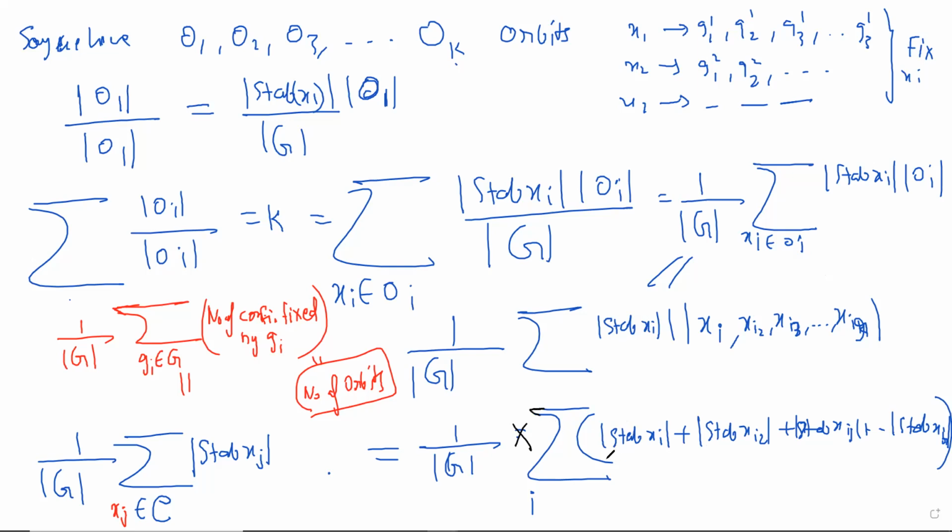It is a double summation, but this part I could have written in summation form in one shot. Yes, that's correct. It is a question of writing it better. But at this point, we are just addressing one element, one configuration in that orbit.